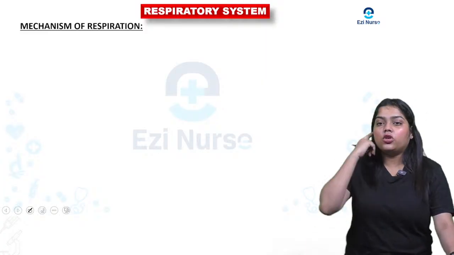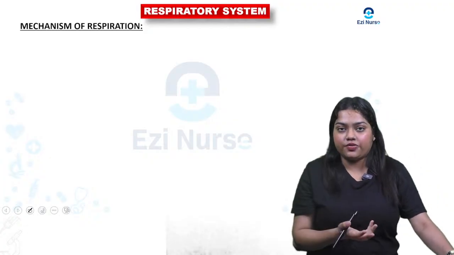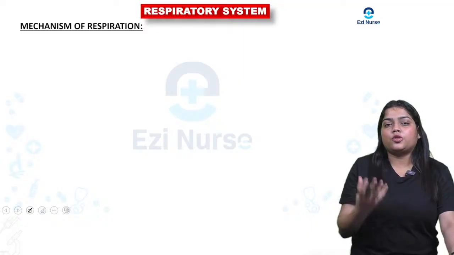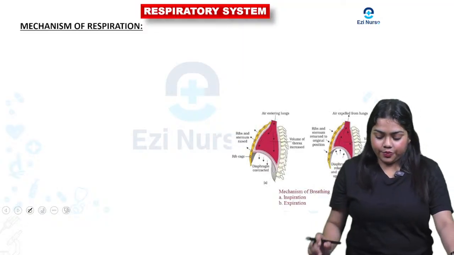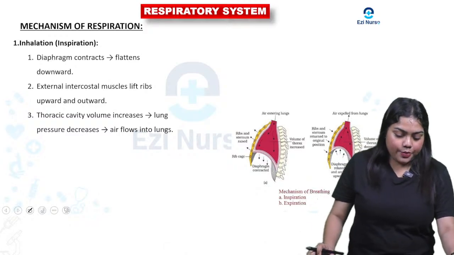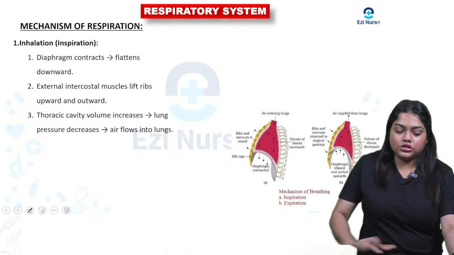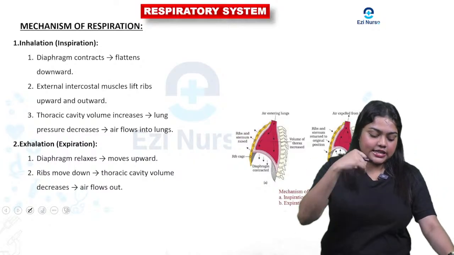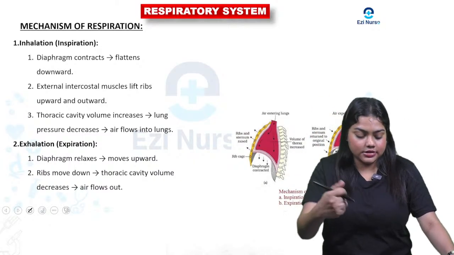The upper respiratory tract includes the nose, mouth, pharynx and nasopharynx, and the lower respiratory tract includes the trachea, lungs, bronchioles, alveoli. We will see how the mechanism of respiration happens. It is done by inhalation and exhalation. Inhalation is inspiration of the gas, exhalation is expiration of the gas.